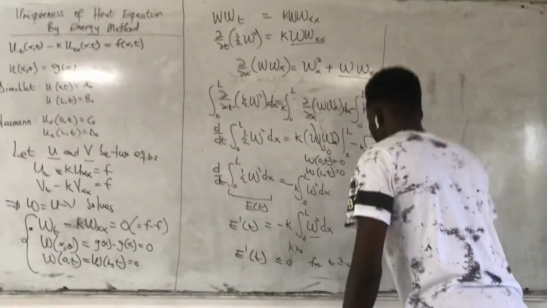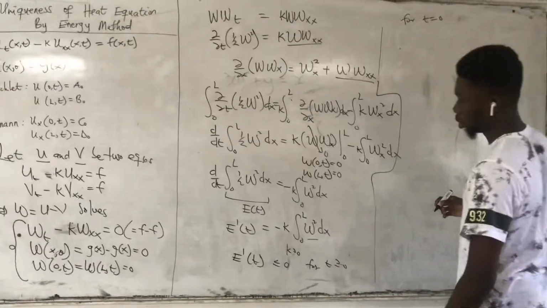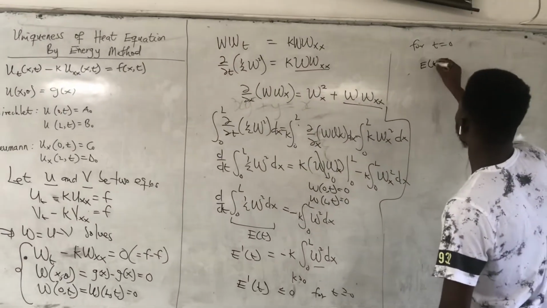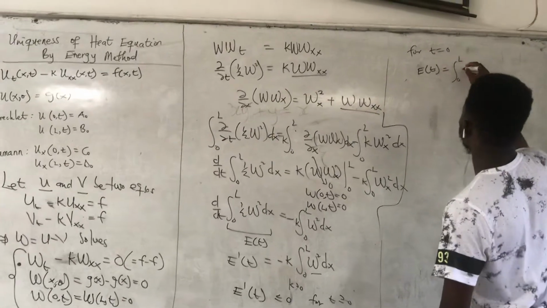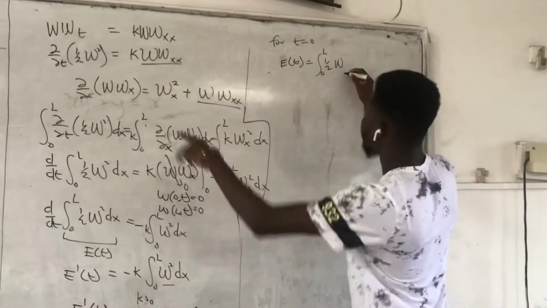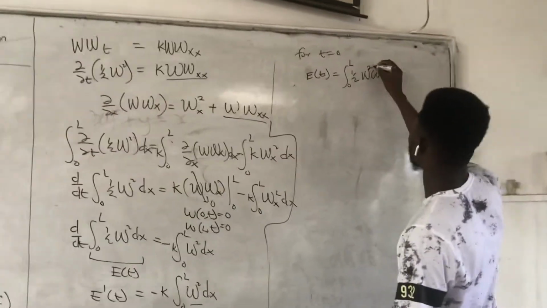However, for t equal to 0, having the energy to be equal to the integral from 0 to L of half w. Remember, the full expression of w is w(x,t) this way, dx, with a square here.